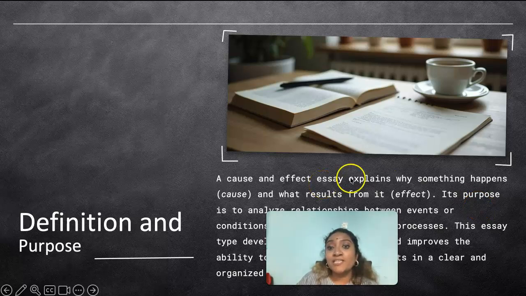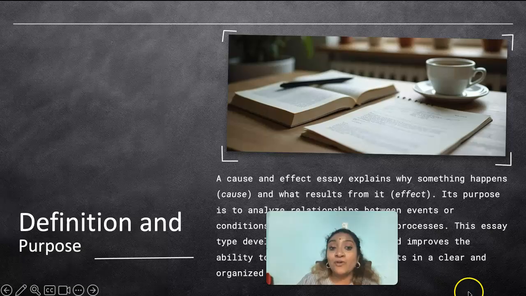A cause and effect essay will talk about the cause, punca dia, and what the result of it is, effect dia. For example, watching too much television is the cause. The effect is that probably you will develop eyesight issues.